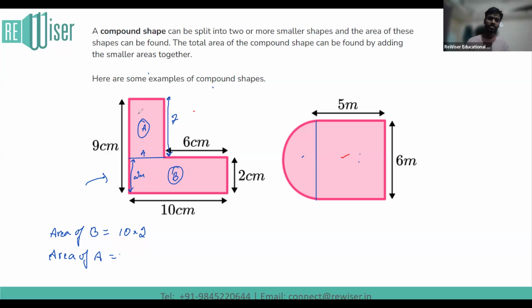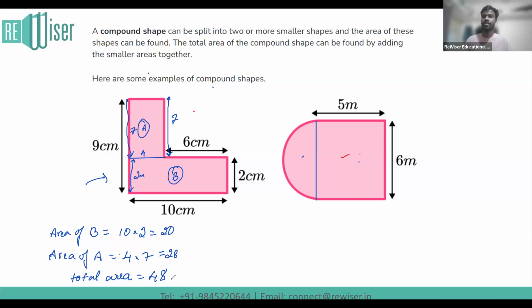But this is 2 centimeters and this height has to be 7 centimeters. So in that case, the area of shape A has to be 4 times 7. We can find these areas separately. So this is 20 and this is 28. So the total area of the shape is 20 plus 28, which is 48.